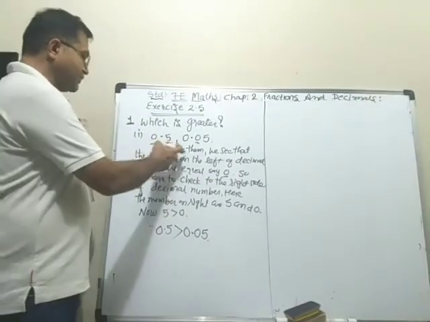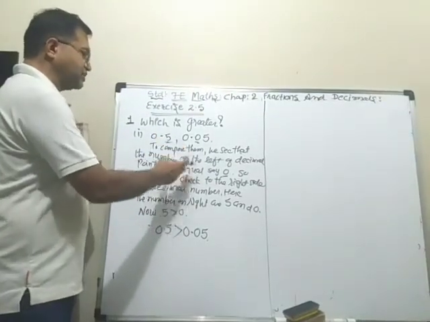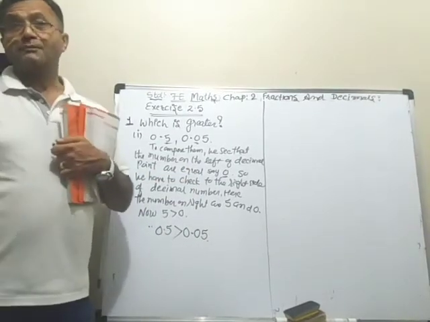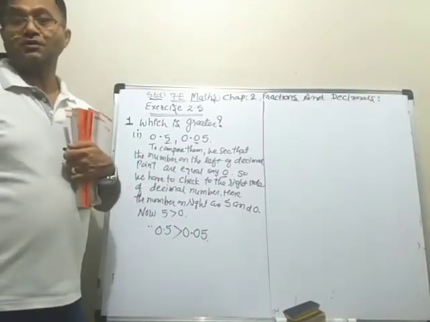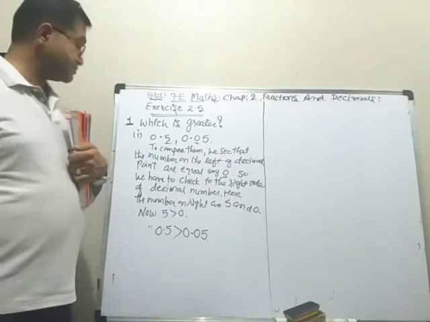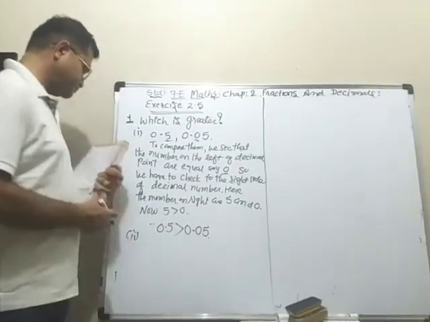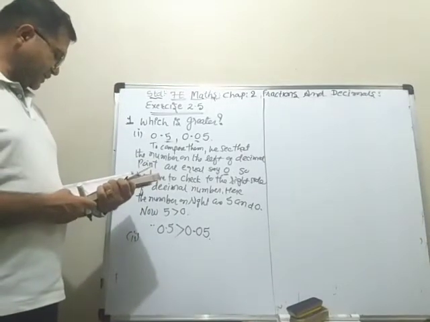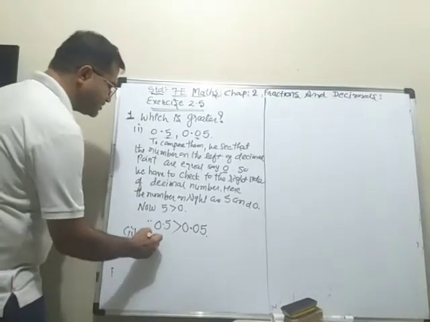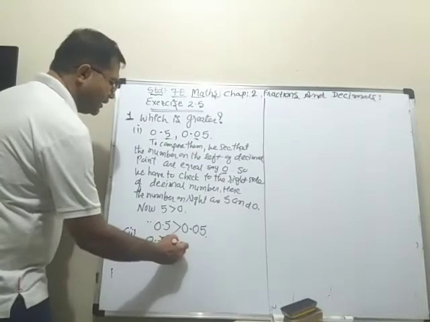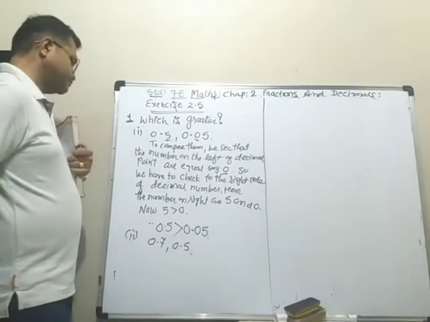So that was the first example, where I wrote it in detail, but we need not write it in such detail. So look at the second example, how we can write it. The second example is 0.7 and 0.5.